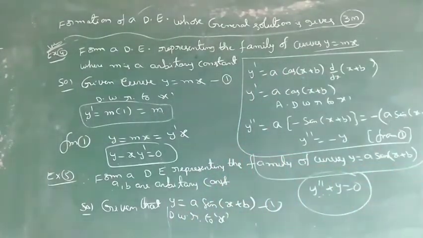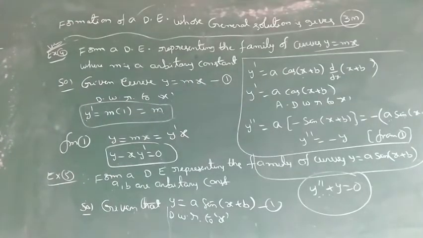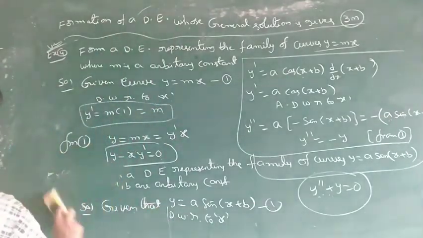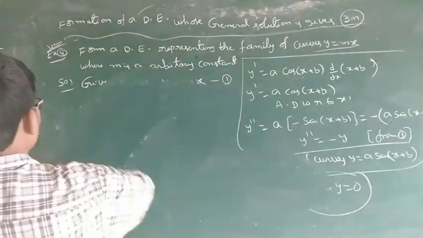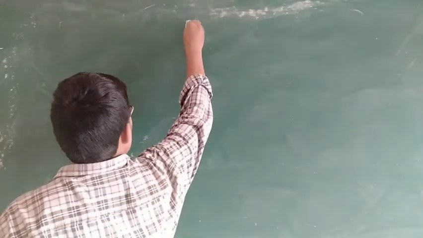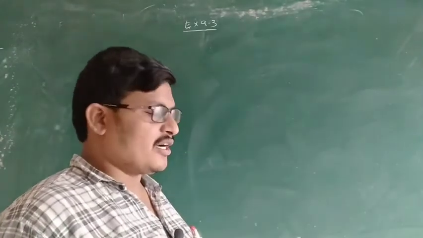Okay, next. Let us go to exercise 9.3. In each of the exercises 1 to 5, form a differential equation representing the given family of curves by eliminating arbitrary constants a and b.